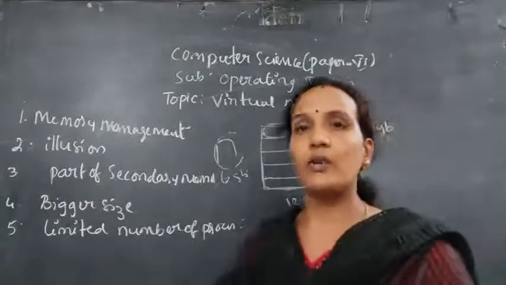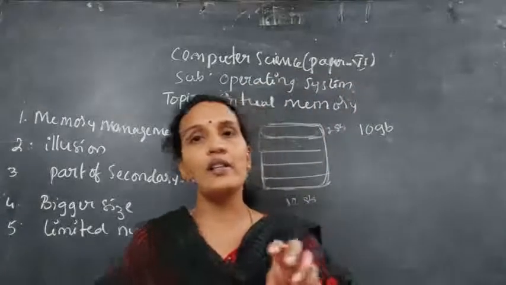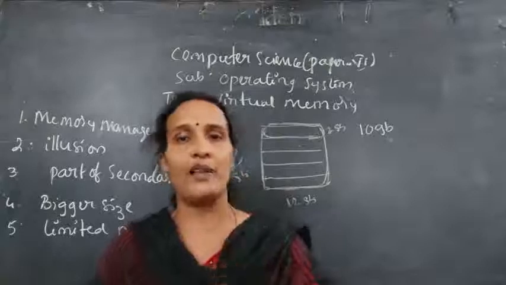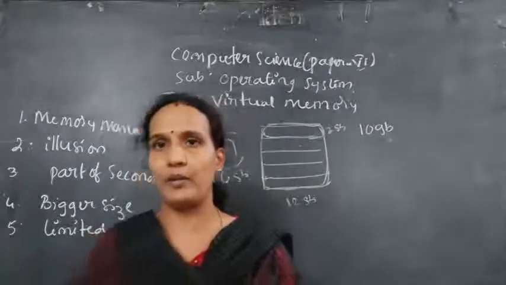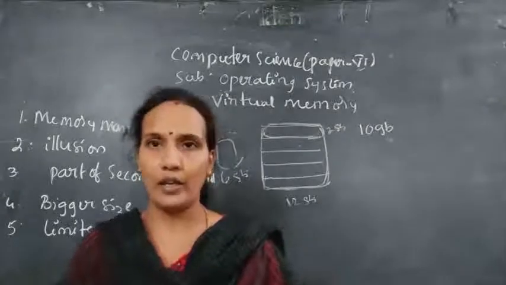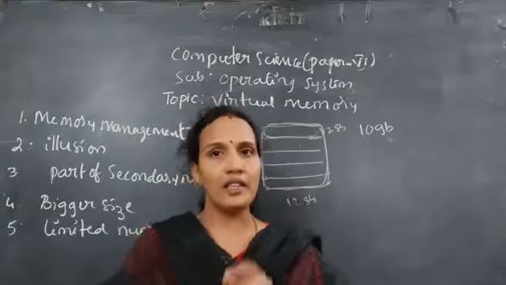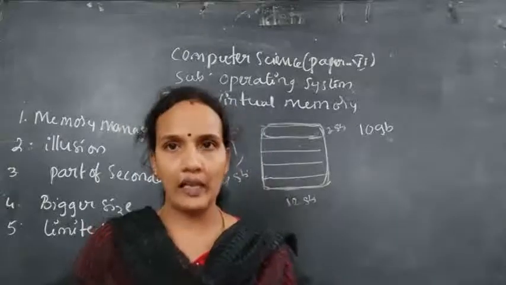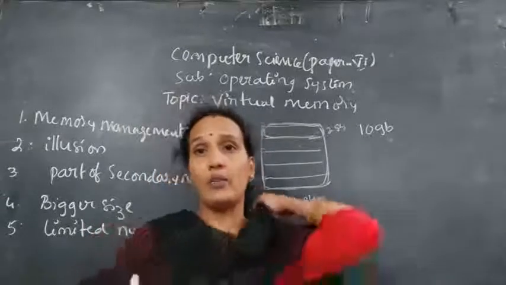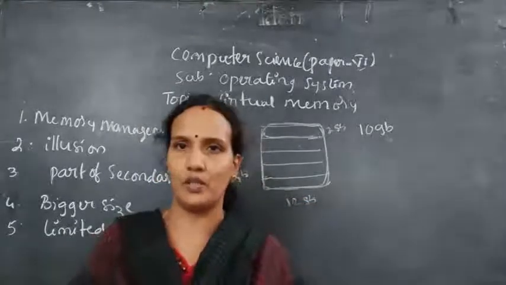Understood? So virtual memory provides an environment where only the required limited number of pages are loaded into the main memory. The remaining are in the secondary memory only. Whenever the user requests pages, at that time only those pages are loaded, not all the pages from the process.